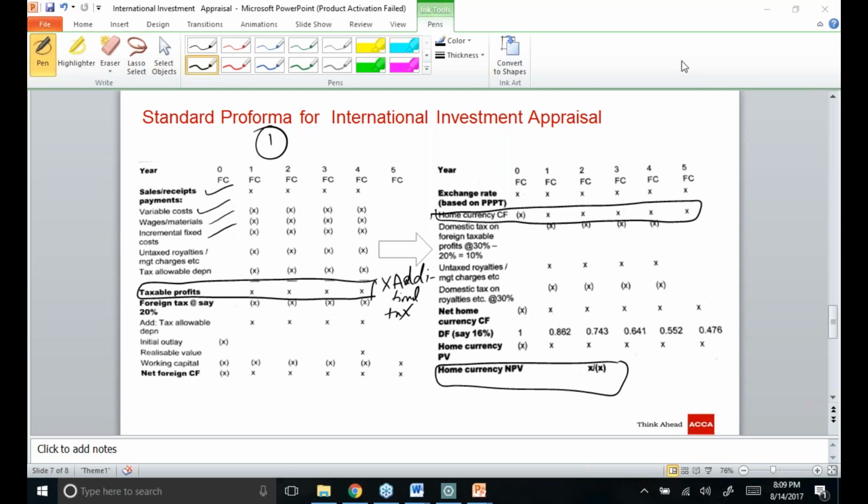Okay, there are few questions like explain the concept of adding back tax allowable depreciation in the proforma. It's very simple. Deduct depreciation from the above cash flows. Your profit will be reduced and you will have to pay a lower amount of tax on it.